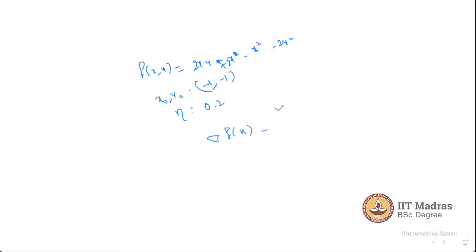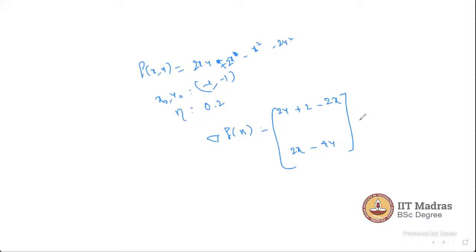Del f of x: first we do the partial derivative with respect to x. So 2xy plus 2x minus x square, this gives 2y plus 2 minus 2x. Next we do the partial derivative with respect to y, which gives 2x minus 4y.